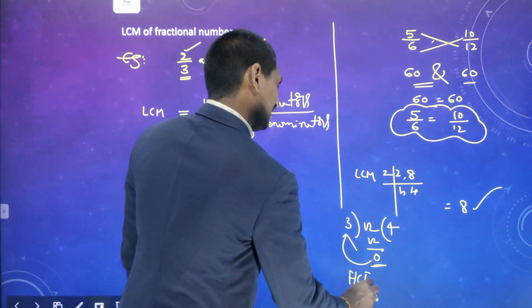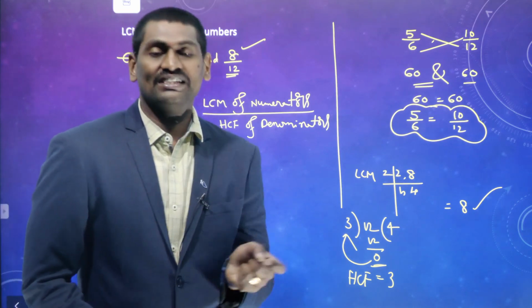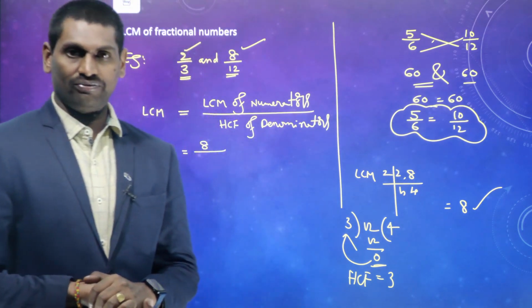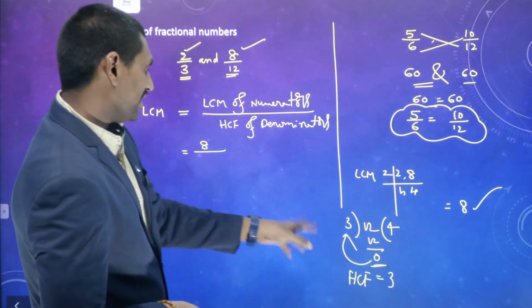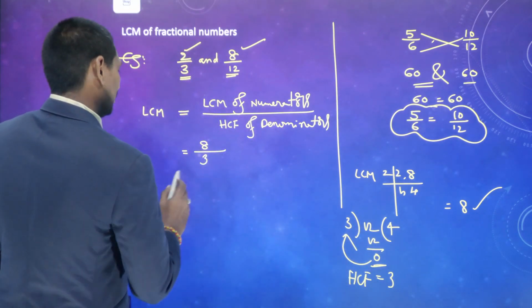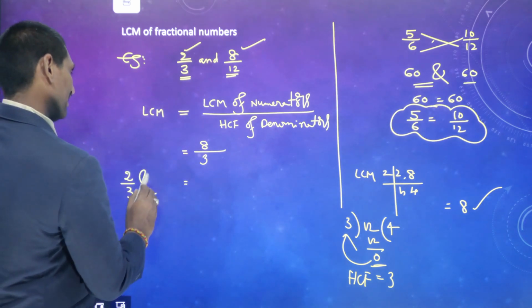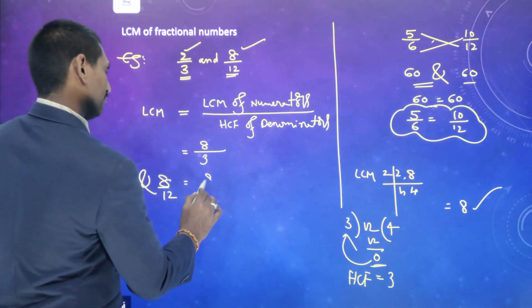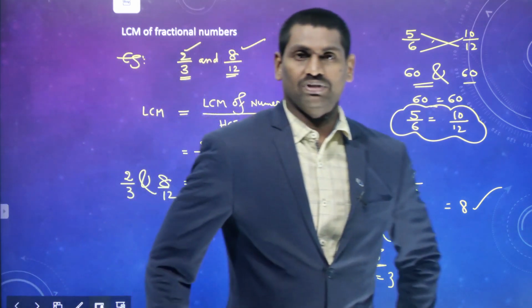Am I right? Or else we have to continue the division. What is the HCF we got? 3. Therefore, the LCM of 2 by 3 and 8 by 12 is nothing but 8 by 3. This is the LCM of fractional numbers.